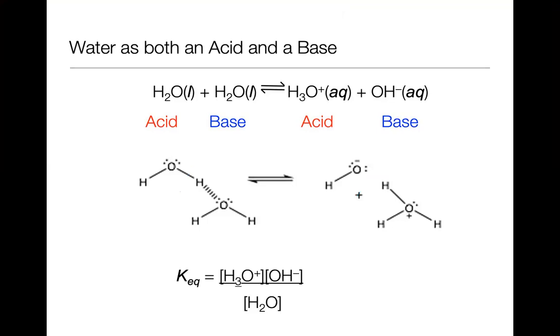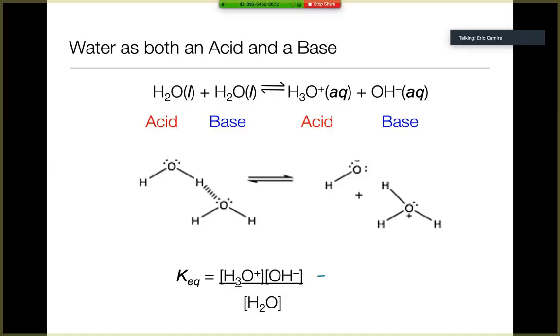So then I had you all write out an expression for this equilibrium, right? So we know our K, the definition hasn't changed. It's always products over reactants. I have my products here. I have my reactants here with the typo, right?